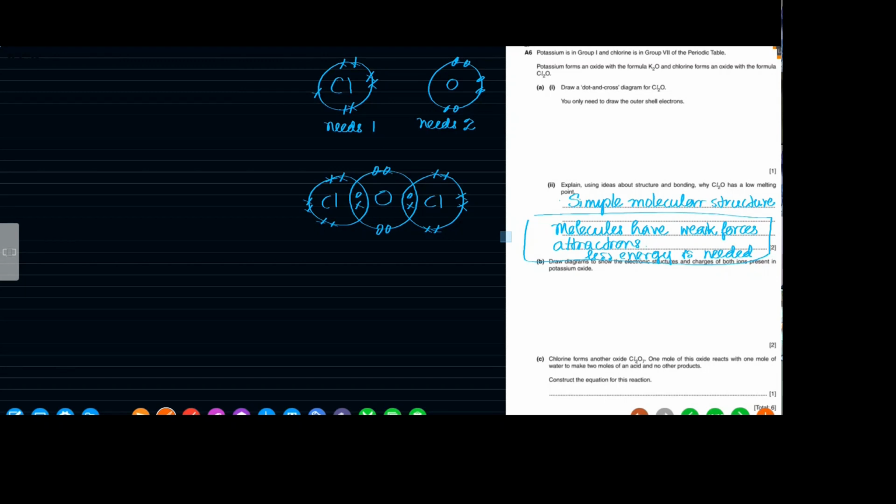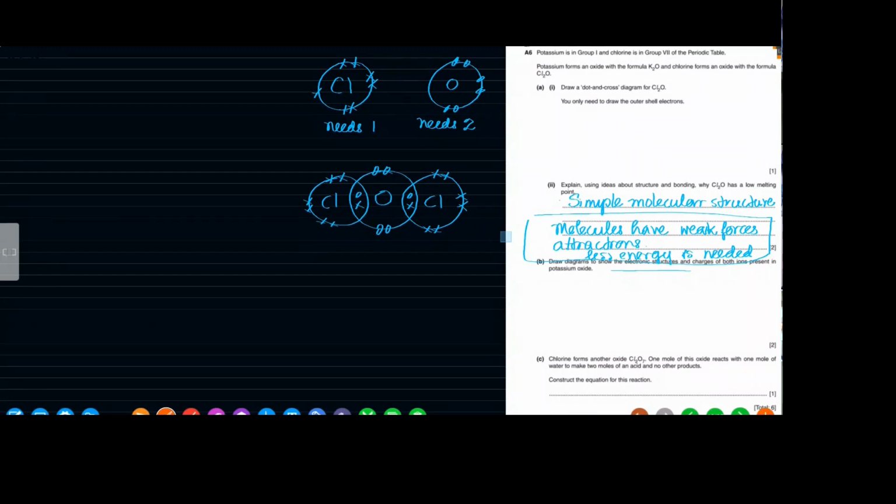Okay, so draw diagrams to show the electronic structure and the charges of both ions present in potassium oxide, right? First of all, you have to understand the valencies of potassium and oxygen atoms. When they ask for electronic structure, they basically require you to draw all the electron shells.